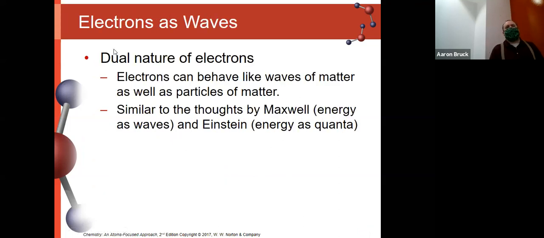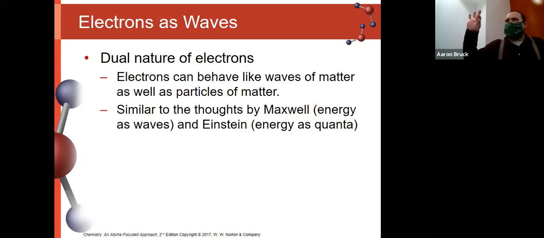One of the reasons for that complexity is because electrons don't actually behave in the sense that we think they should. Thus far, we've considered electrons as being particles.